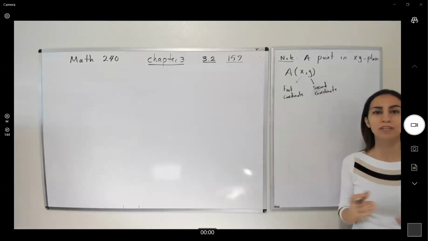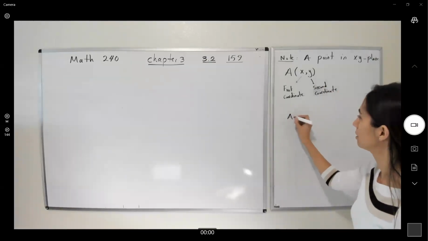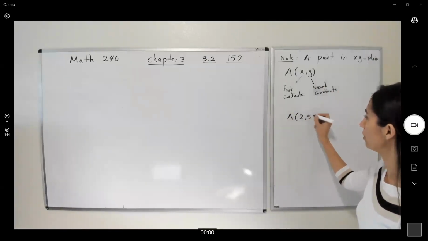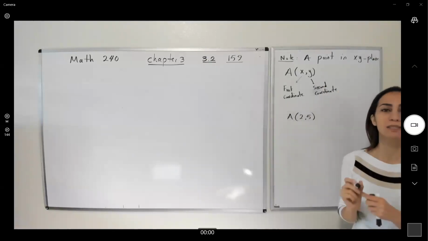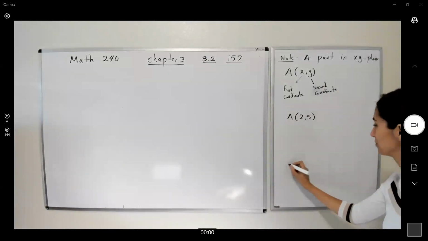For example, if I give you a point like A, 2, and 5, you can graph this point in the xy plane.